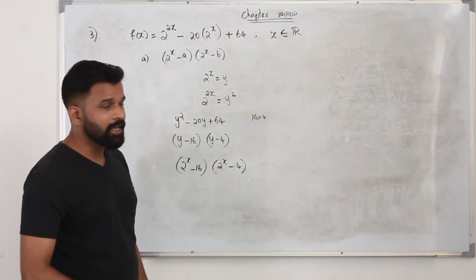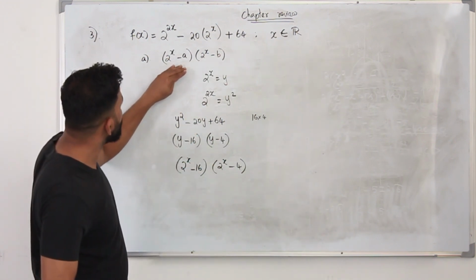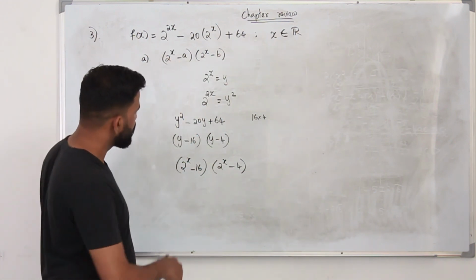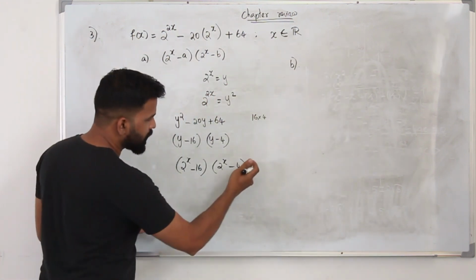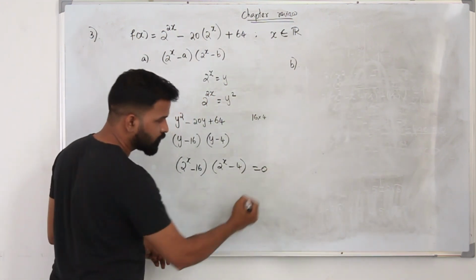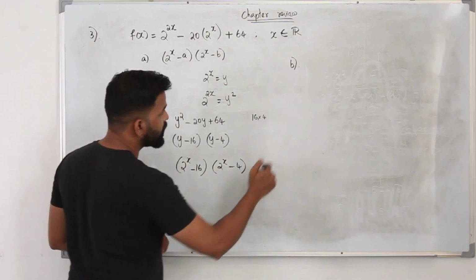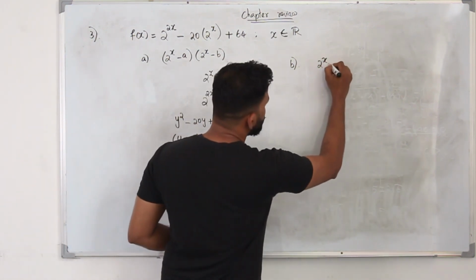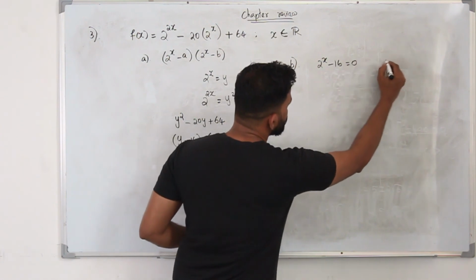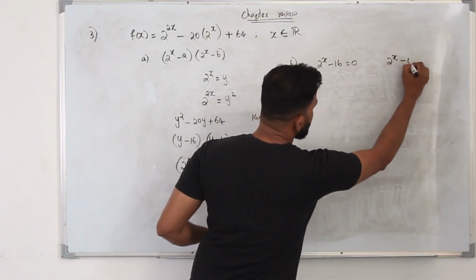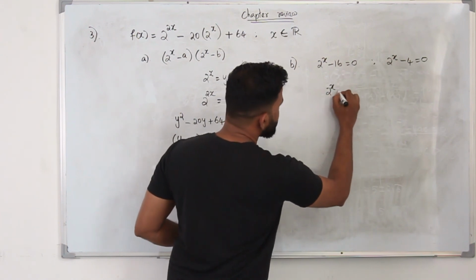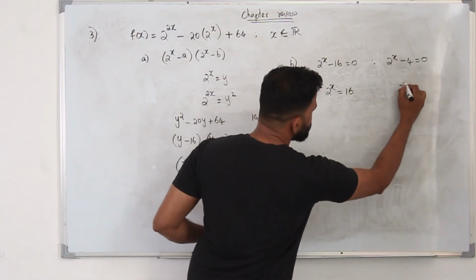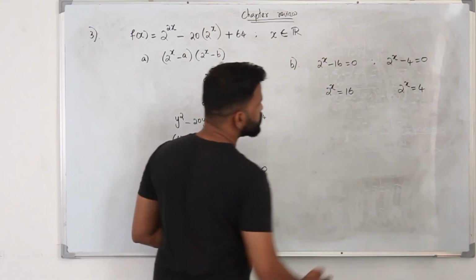And part B says, solve this equation. How do you solve? Take it as equal to 0 and separate them. 2 to the power x minus 16 equals 0. 2 to the power x minus 4 is 0. So 2 to the power x is 16. 2 to the power x is 4.